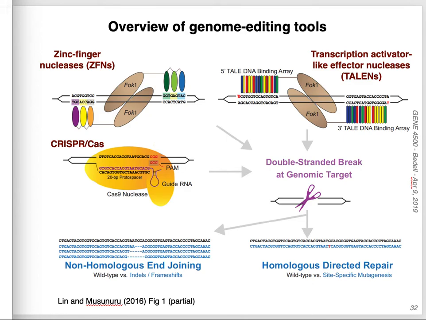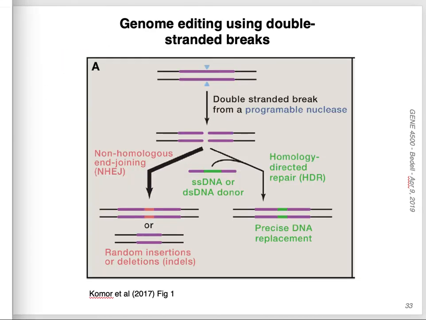It's just got to have homology to the region that you're targeting, and then whether it's in the oligonucleotide or the double-stranded fragment of DNA, the donor DNA, you introduce whatever sequence alteration you want. And this homology-directed repair is actually surprisingly efficient. You still have to screen for it, but with next-gen sequencing, it's really fast.